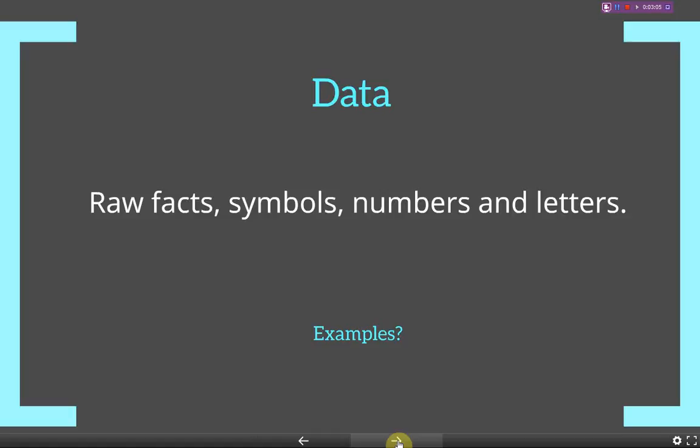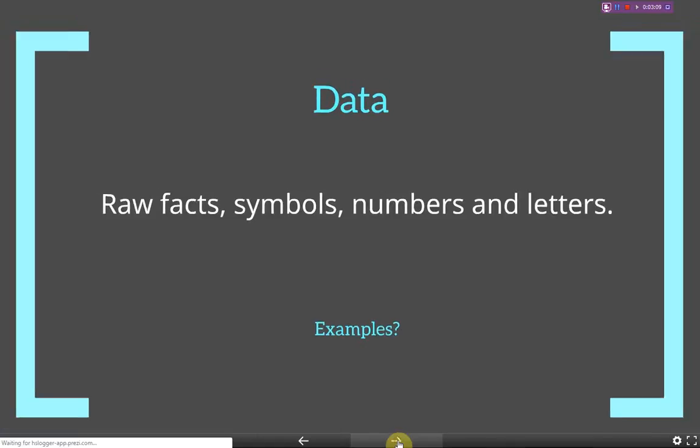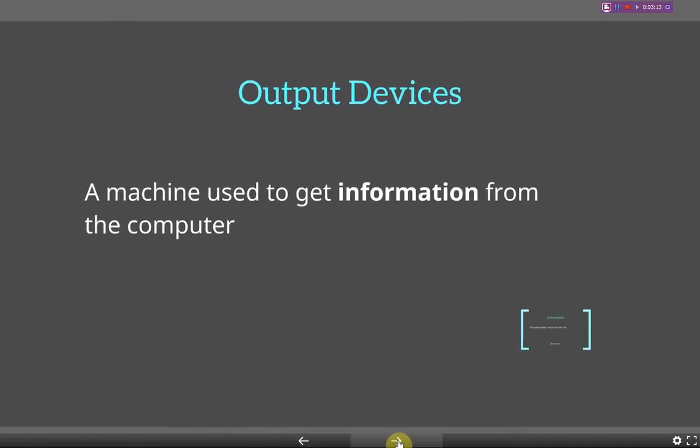What is an output device? Things that you use to get information out of the computer. Okay, so jot this down, a machine used to get information from the computer. Now we said that data and information are two different things. Data are the raw facts, the numbers, the letters, the symbols we're putting into our computer.